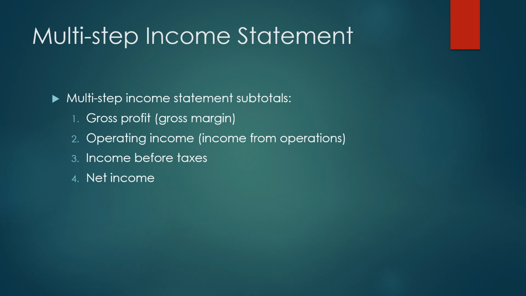Gross profit is also known as gross margin and is computed as net sales minus cost of goods sold. Gross margin minus your operating expenses gives you operating income, or income from operations. Then you're going to add in other revenues and gains, subtract out other expenses and losses to come down to income before taxes, and then you'll subtract out taxes to get to net income.